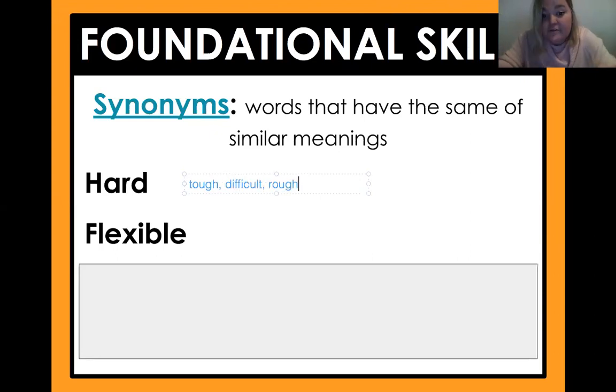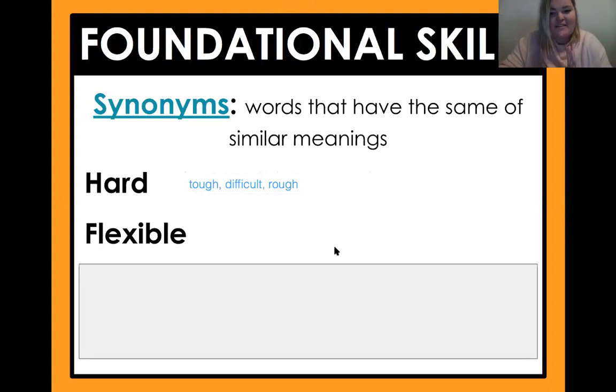Maybe rough. Those are a few synonyms because you could take the word hard out of a sentence and put these words in and they could mean the same thing. Can you do the same for flexible, which is one of our vocabulary words that we learned about? I'm not going to give those to you. I want you to do those on your own.